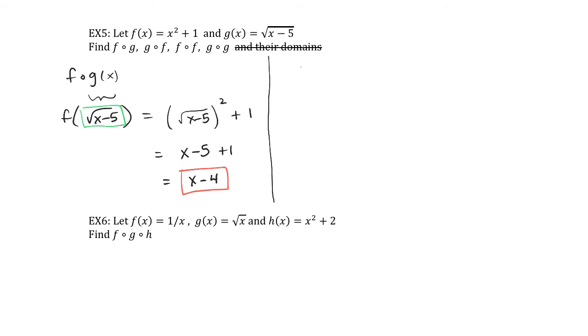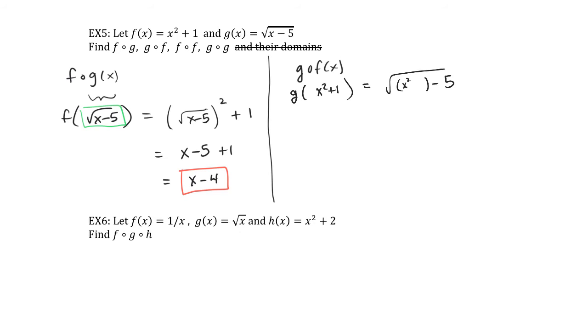Okay, let's do g of f of x. First I get my f of x, that's x squared plus 1. That's now the input for my g. What g does is it takes x, subtracts 5 inside, and then square roots all of that.